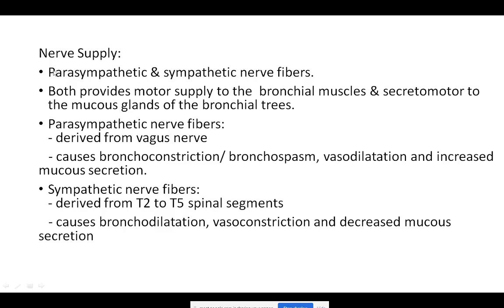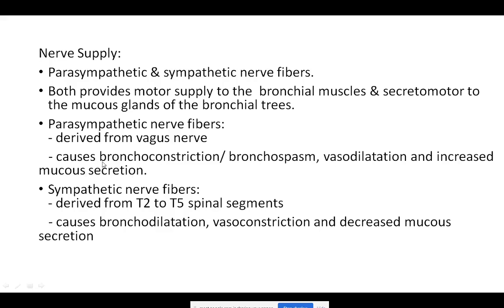If supplied by a parasympathetic nerve, it will cause the bronchial muscle to constrict. That is known as bronchoconstriction or bronchospasm, and it will cause vasodilation and increase the mucus secretion.